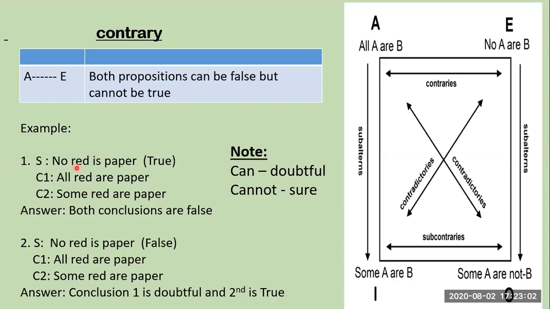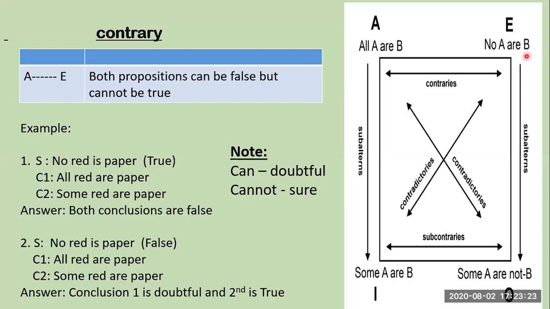So no red is paper. No means this one. So one is true, and conclusion one is all red are paper. So these both are in contrary forms. Whenever it is contrary, you need to apply this rule: both statements can be false, but both cannot be true. In this question, they're telling that the first statement is true.